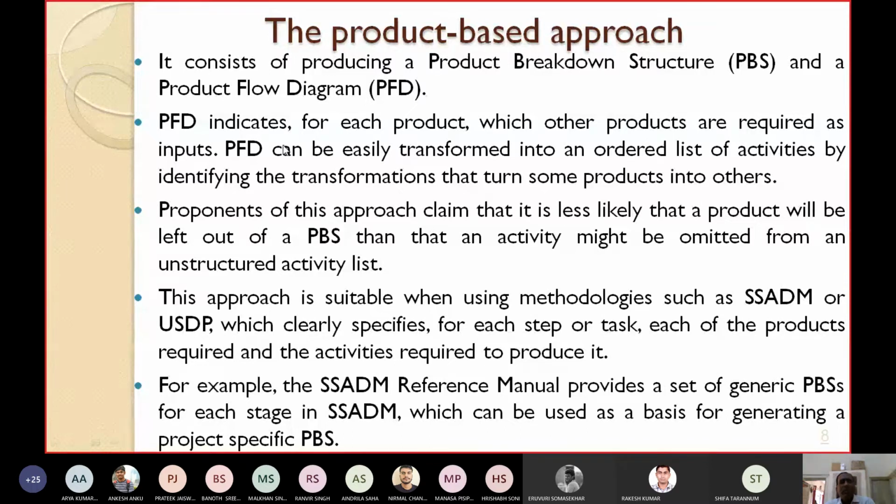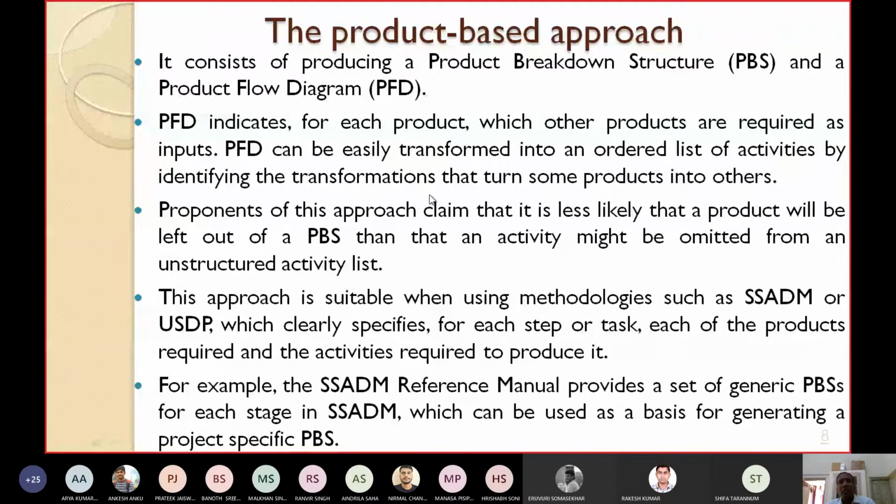What does this PFD indicate? The product flow diagram indicates for each project which products are required as inputs. For each product, what other products are needed to proceed further, which will be taken as inputs. PFD indicates that.